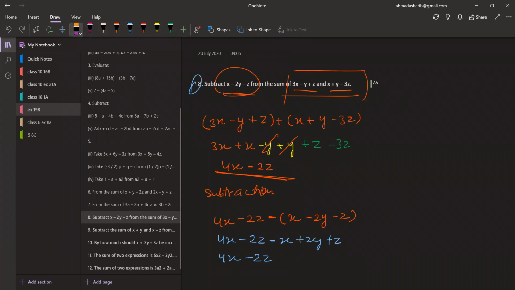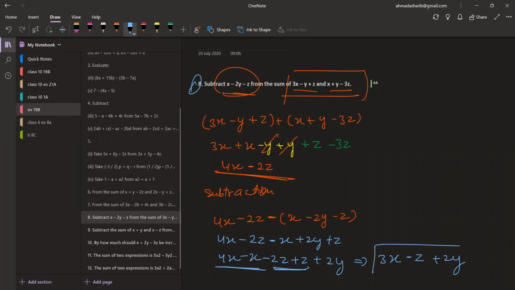You have to write like terms with each other. So 4x minus x and then minus 2z plus z plus 2y. So 4x minus x is 3x. Then minus 2z plus z is minus z plus 2y. This is your answer.